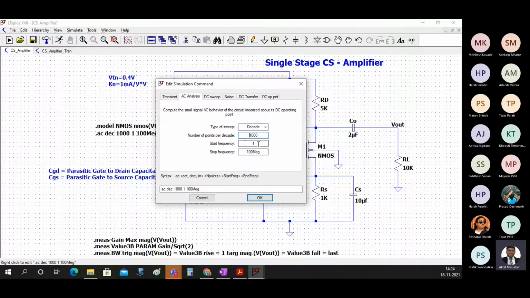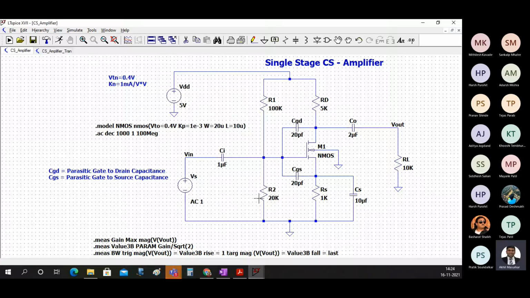Start frequency we can write 1 hertz and stop frequency 100 megahertz. So please do this. Don't write these commands. I will tell you what this is. So do only this much and post the circuit in the chat box.